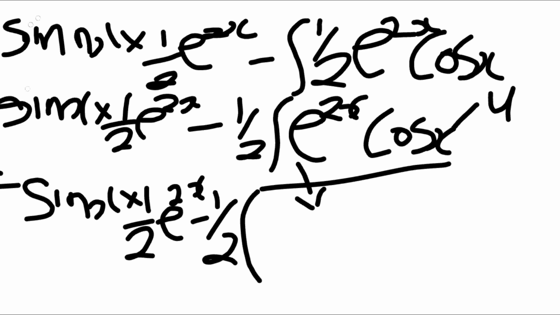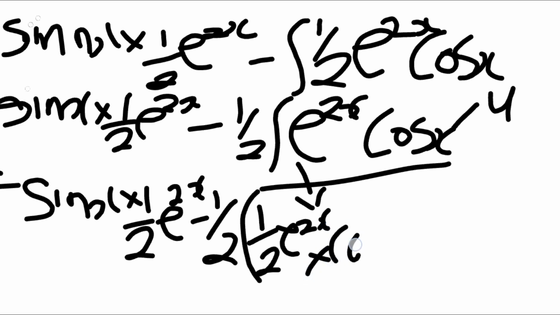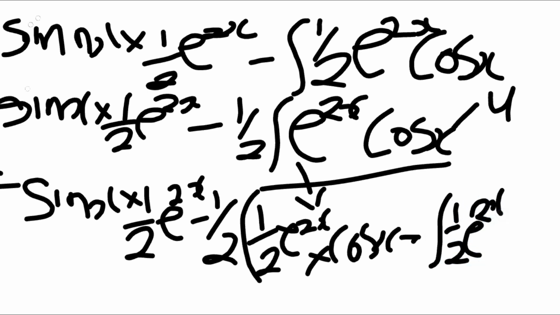By doing that, we're going to be having 1 over 2, which is v. Remember, we said that the formula is uv minus the integral of v du: e raised to the power of 2x over 2, multiplied by u, which is cosine x, minus the integral of v, which is 1 over 2 e raised to the power of 2x, times the derivative of u, which is equal to minus sine x.